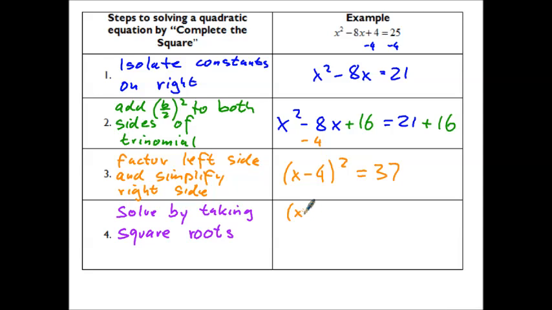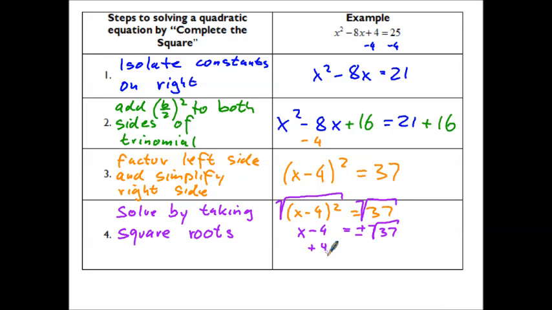The quantity of x minus 4 squared is equal to 37. Let's take the square root of both sides. On the left, nothing really has to be done. The two operations cancel each other out. On the right, we now have plus or minus the square root of 37.